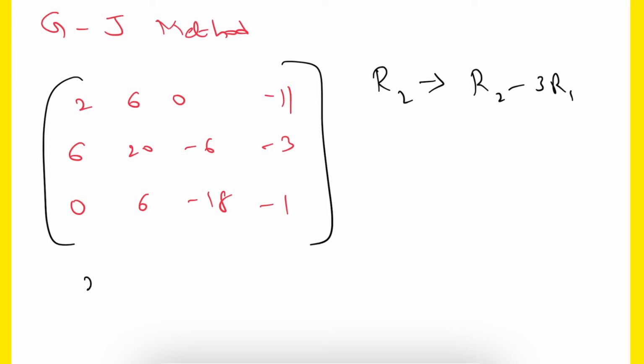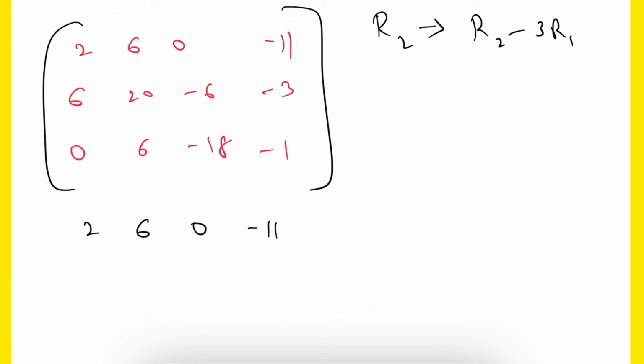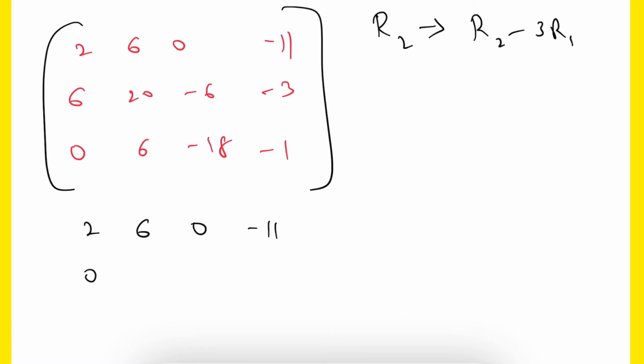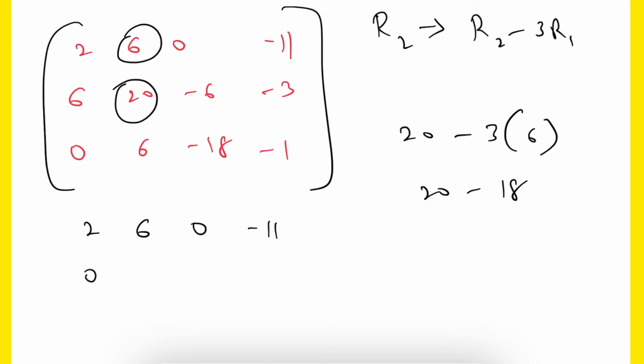So first row as it is, that is 2 6 0 minus 11. Next the second row we need to change, right? So row 2 is 6 minus 3 into R1's 2, 6 minus 6, nothing but 0. So write that 0 here. Now the second element, 20 minus 3 into 6, 20 minus 18, 2.